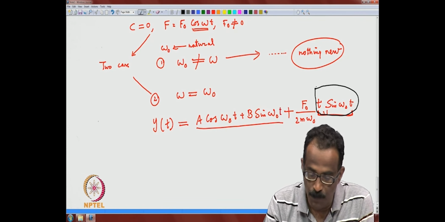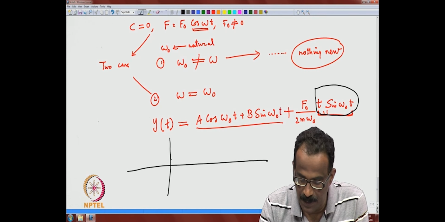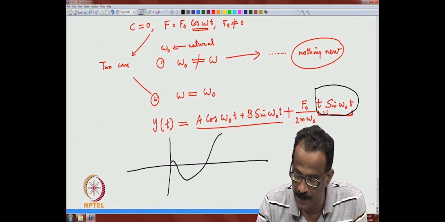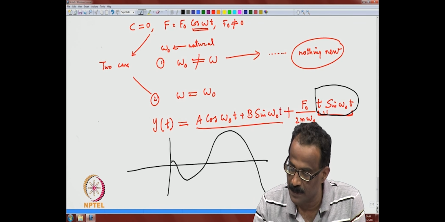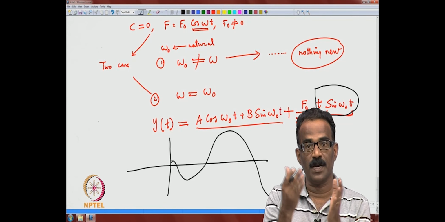So if you plot your graph, initially there may be some vibration, but as t increases the vibration grows. This is what is called undesirable oscillation, and I explained in my first module unwanted vibrations in the case of mechanical systems and the Tacoma bridge collapse, etc., which we have discussed.